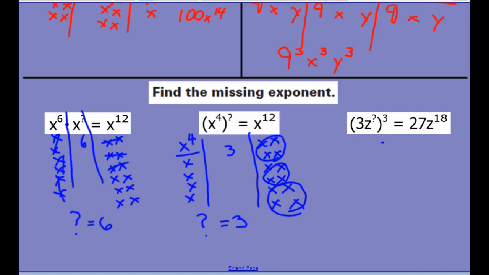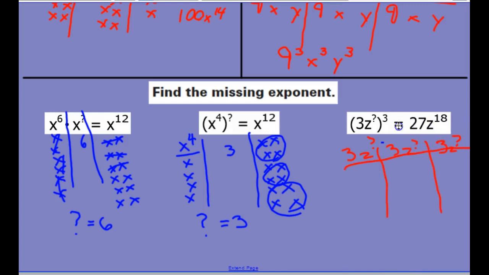Lastly, we know that we have 3 z question marks. And we know that each of those we have 1 3. So 3 times 3 times 3 is 27.